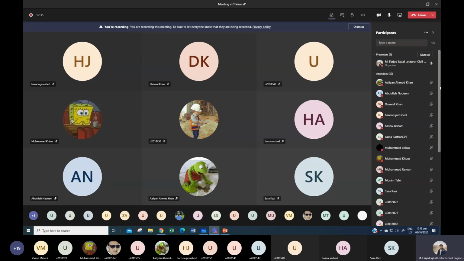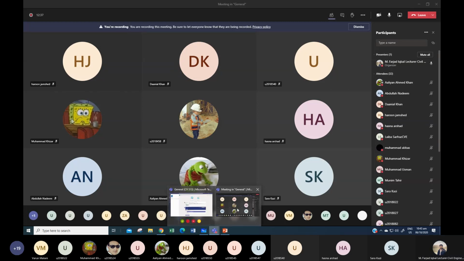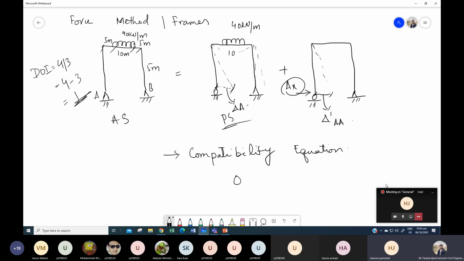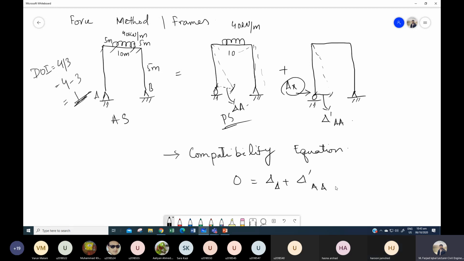Harun. So delta A plus delta dash AA is equal to 0. Okay, in today's question, there will be multiple things.